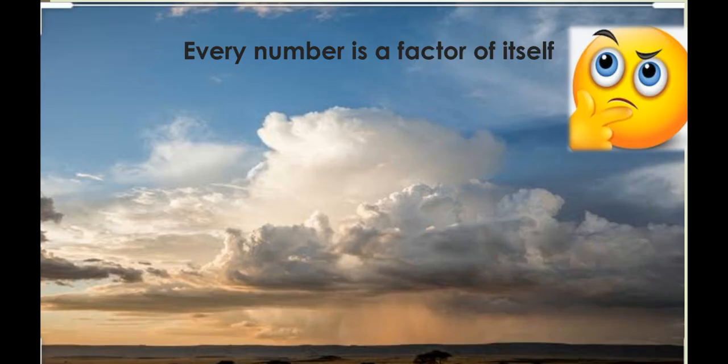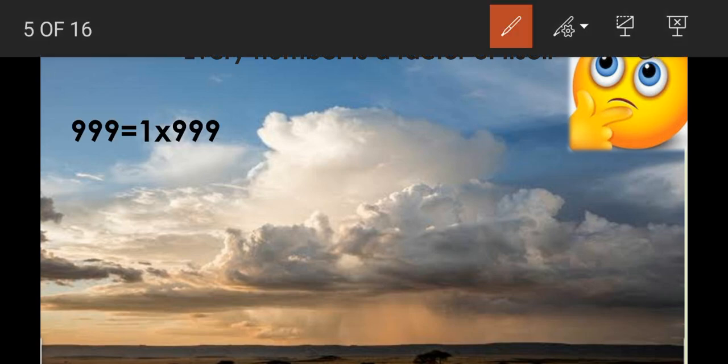Every number is a factor of itself. How is it? Same way, I told you. 999. How can you write? You should write it as a product of two numbers. So, definitely you can write it like this. 1 into 999. So, here you can see 1 is a factor that you saw in the other property. So, 999 is there.